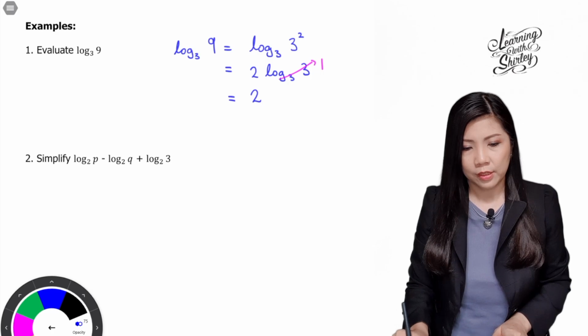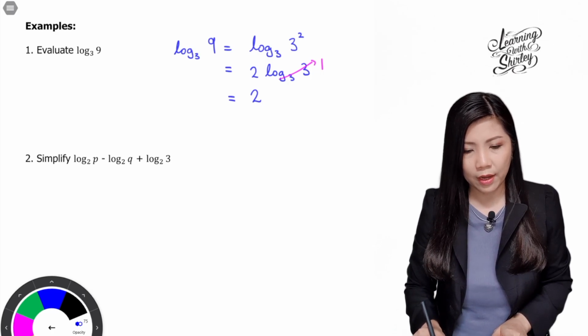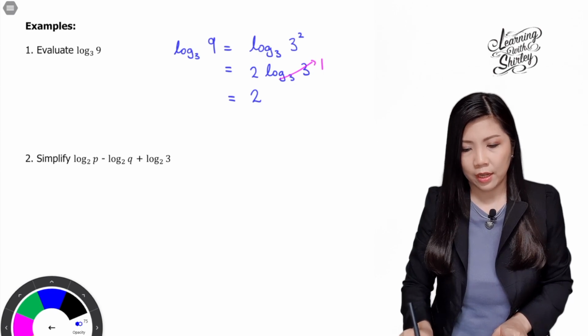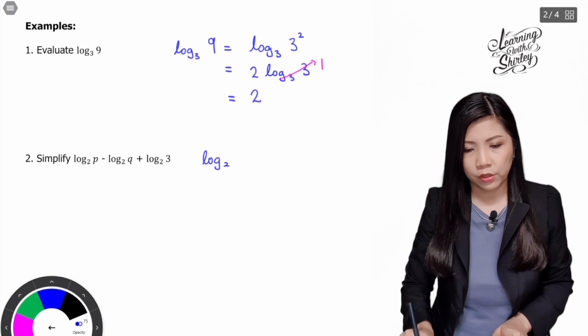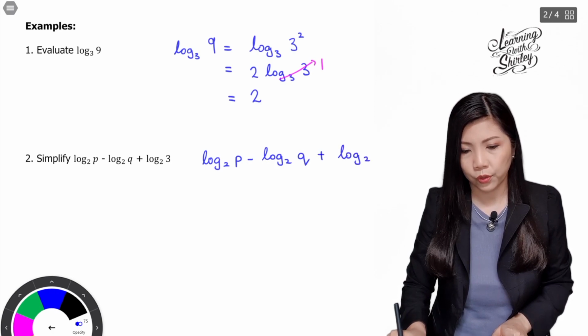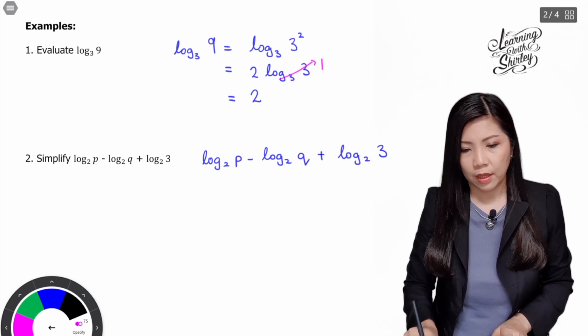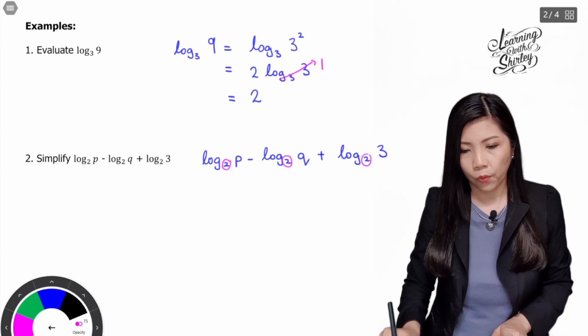Next, number 2: simplify log 2 p minus log 2 q plus log 2 3. I'm going to write down the question again: log base 2 p minus log base 2 q plus log base 2 3. One thing we need to consider is that the base 2 is the same for all three.